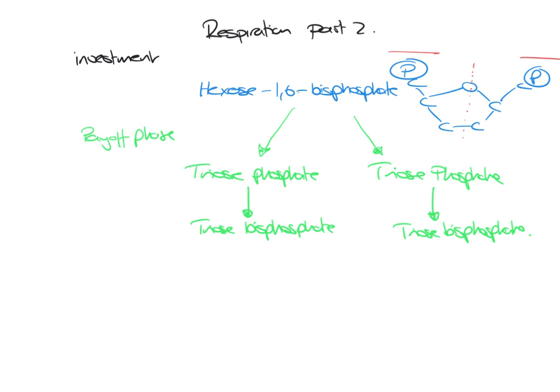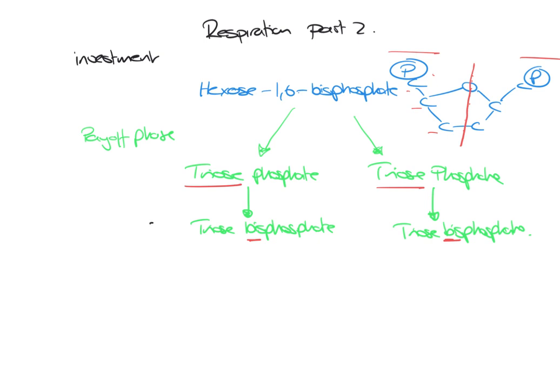If I split that molecule of hexose 1,6-bisphosphate straight down the middle, I have a molecule with three carbons, which makes it a triose, and a phosphate group, which makes it phosphate. So in this step that you need to know nothing about in terms of details, an extra phosphate is added. Now I have a bisphosphate of each of those three-carbon sugars.